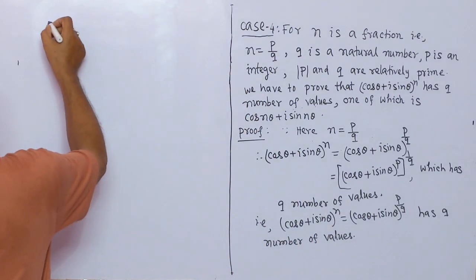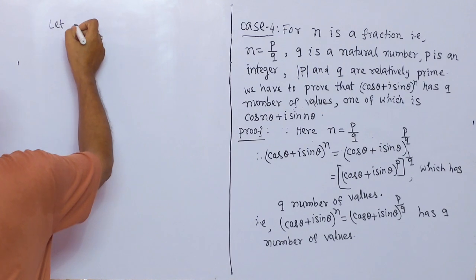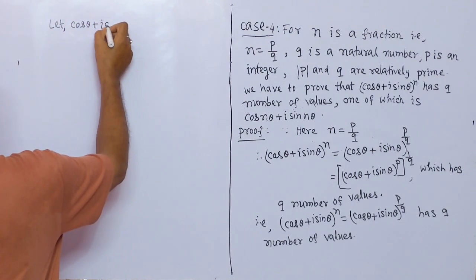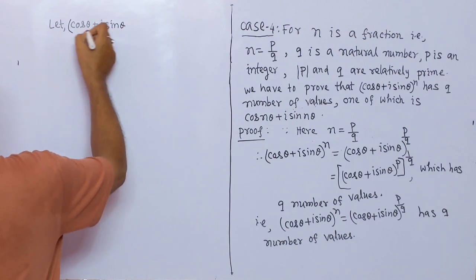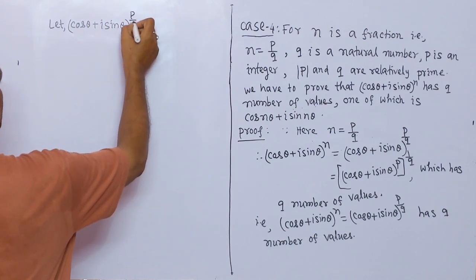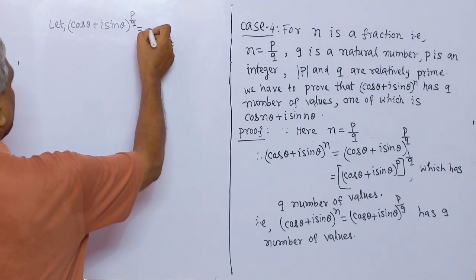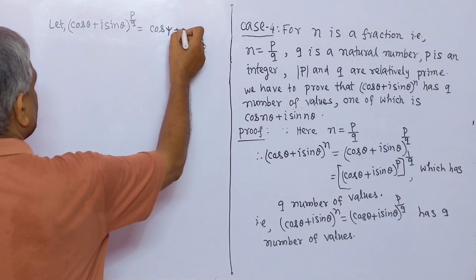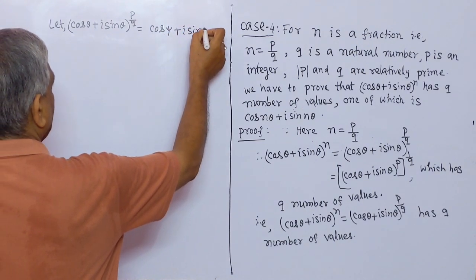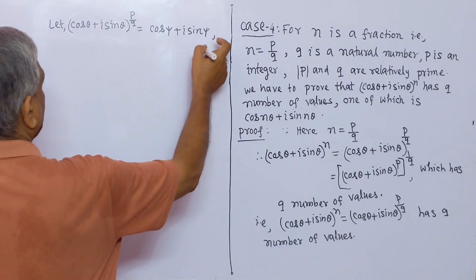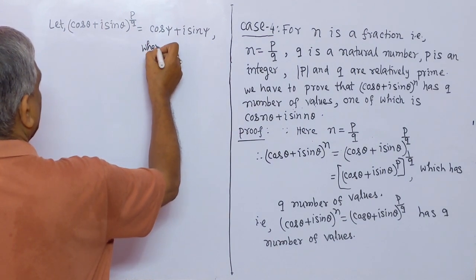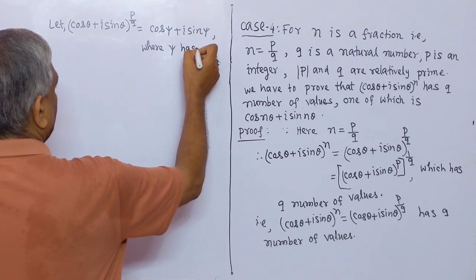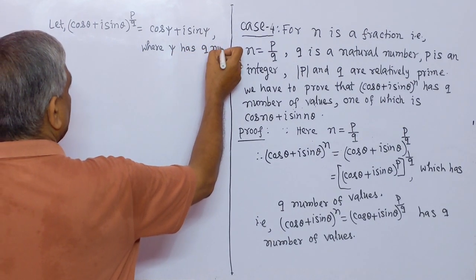Let (cos theta plus i sin theta) to the power p by q equal cos psi plus i sin psi, where psi has q number of values.